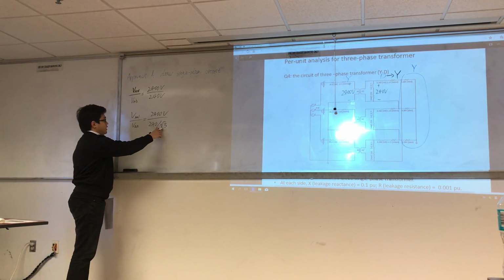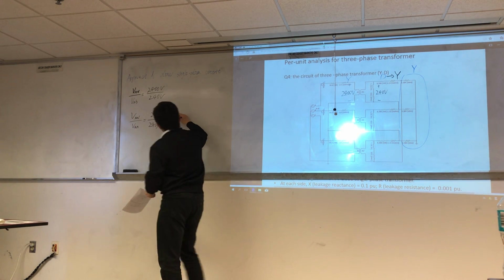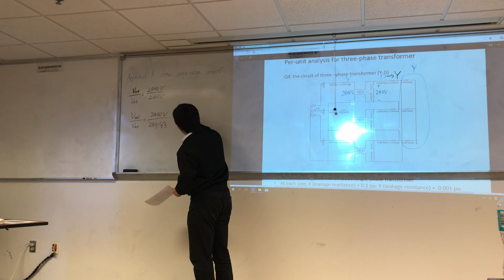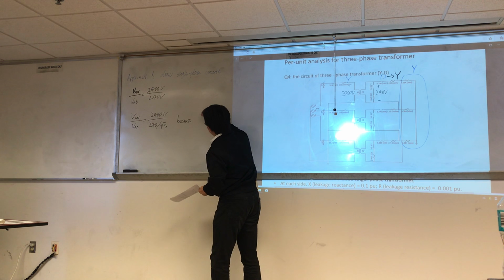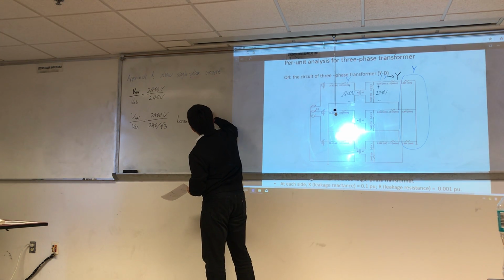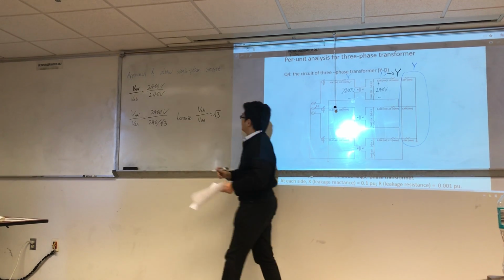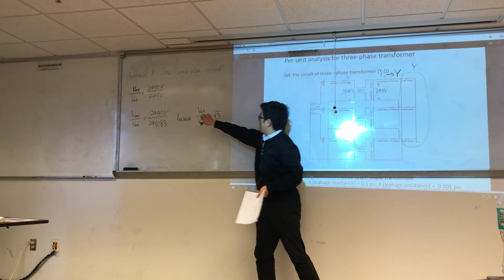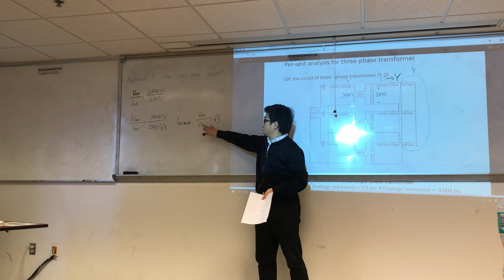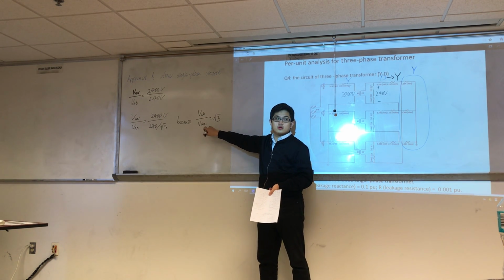Here is the square root of 3, because this ratio, VAB over VAN, the line voltage to the phase voltage, is the square root of 3. Right?